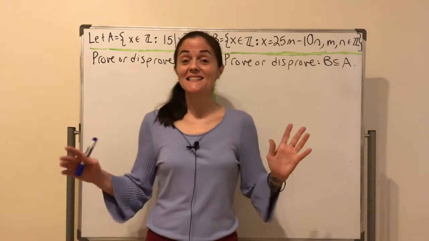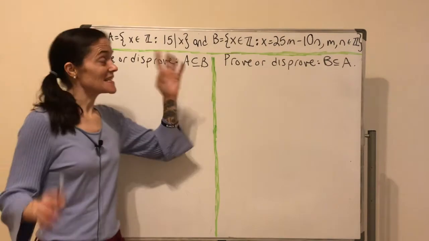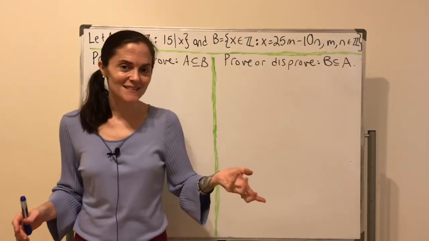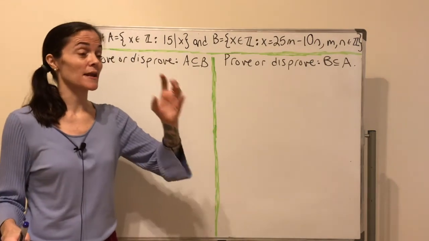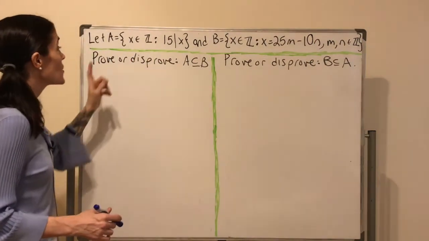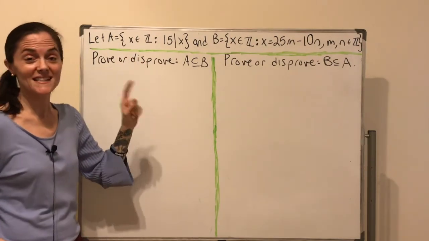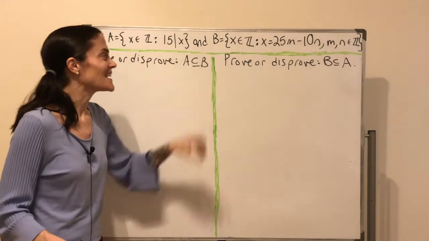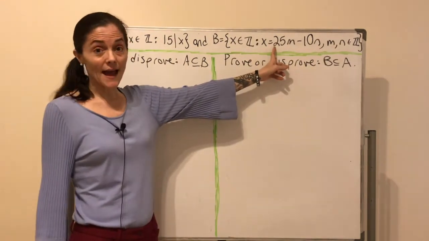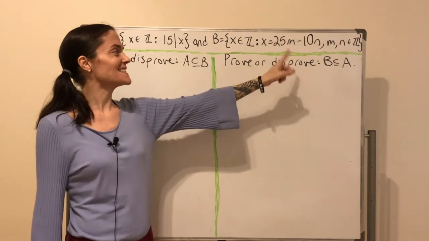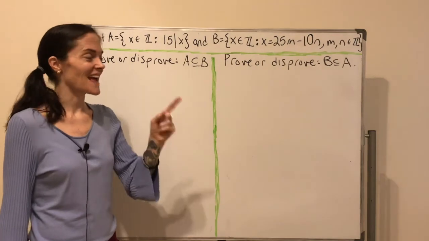Here are my next 2 examples, and they both have to do with subset, and this is very similar to something that we did in the very last lesson, which was our set theoretic proofs day. We have A, which is integers x, such that 15 divides x. We have set B, which is integers x, such that x can be written as 25m minus 10n for some integers m and n.